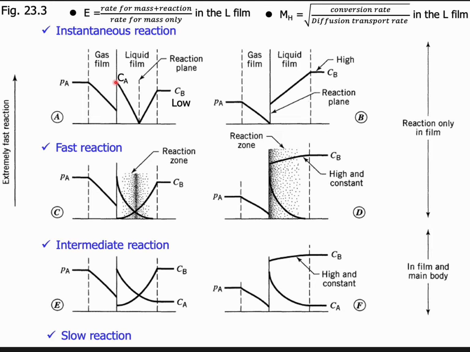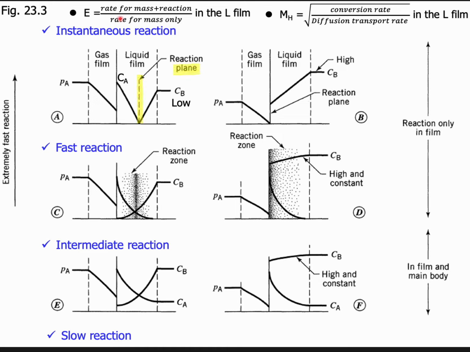But when A enters the liquid film, it will decrease, and when A meets B, they will generate product. Because A meets B, they react immediately. So we have a reaction plane here.